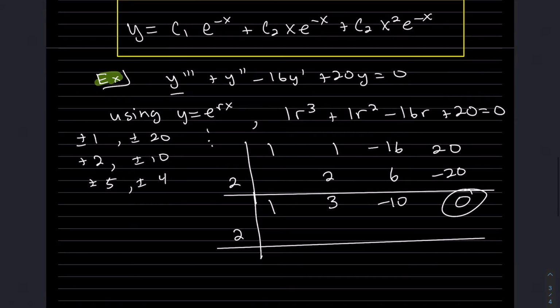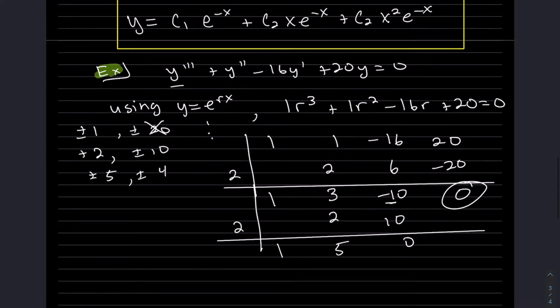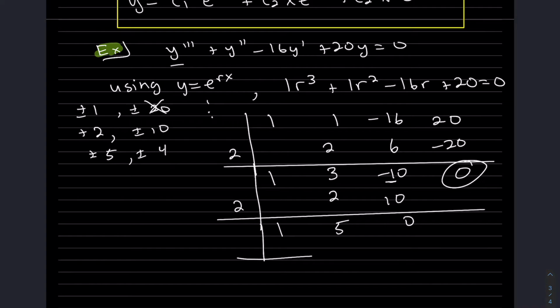I'm going to try 2. Now we have cut down that, the 20, because those are my new possibilities, the last term. But let's try the 2 again. Drop down the 1, multiply, 5, drop down the 5 times 2 is 10. Oh, look at that. And then we can kind of see what the last one is. My choice, it's going to be x minus 5.